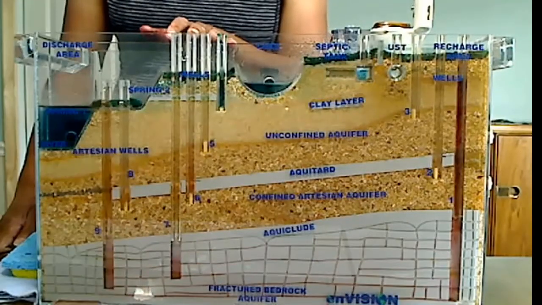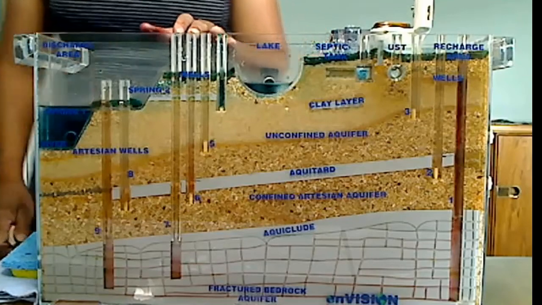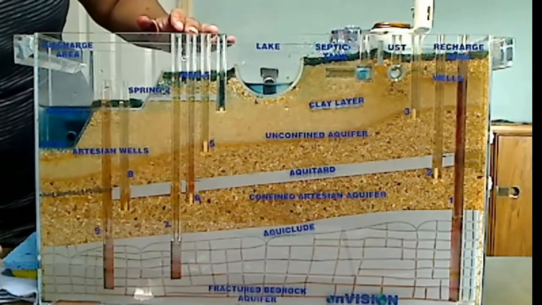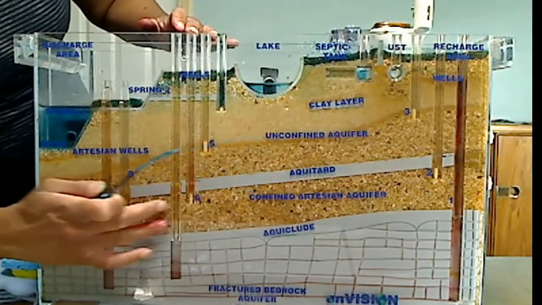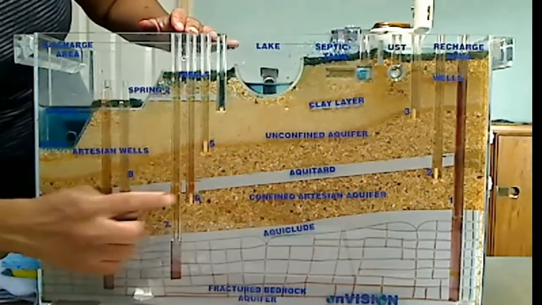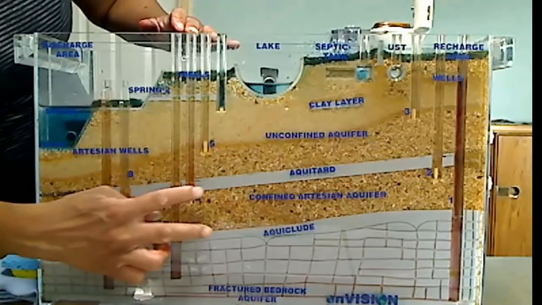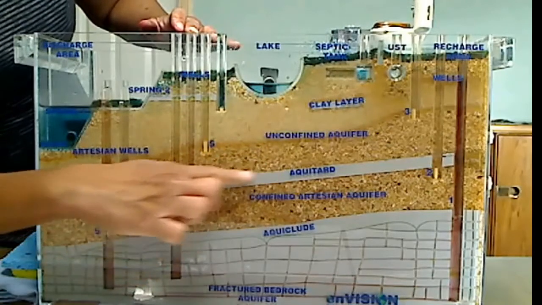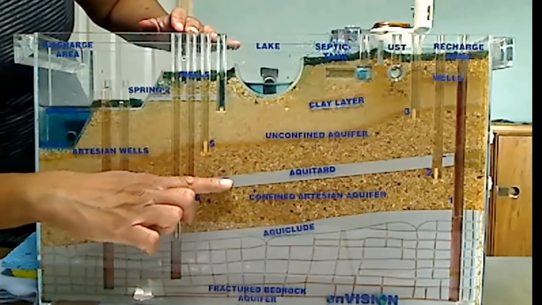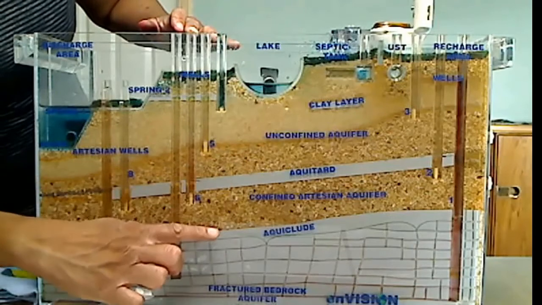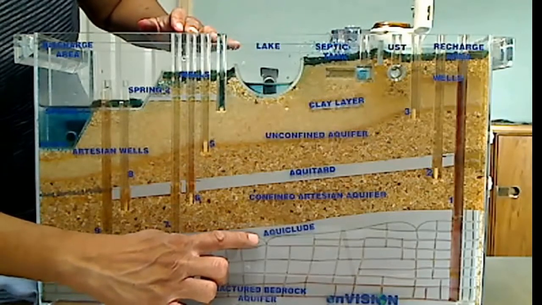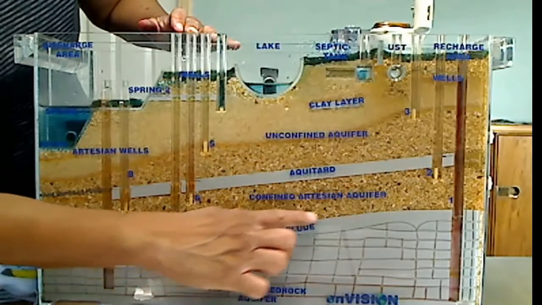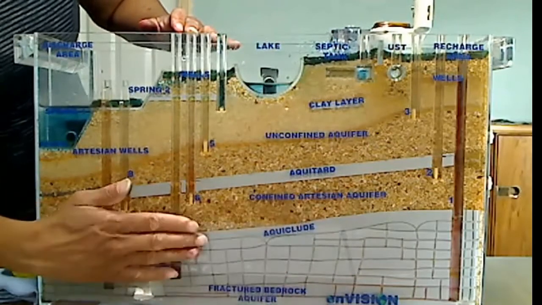The last thing that I would like to demonstrate is to see how there is groundwater that is stored in this confined artesian aquifer here. So there's a confining layer of clay on top, and there's a confining layer which we call an aquiclude, which is that top surface of the bedrock.